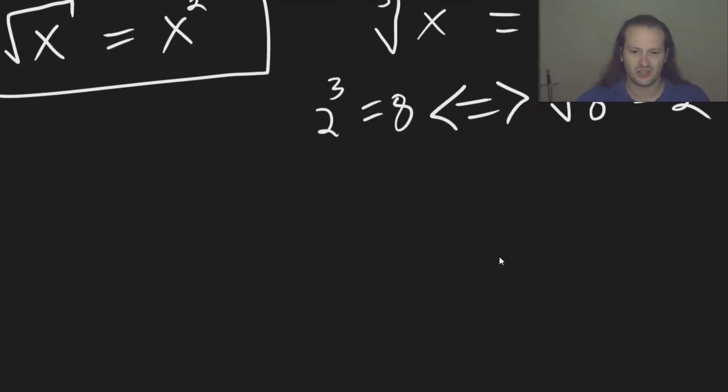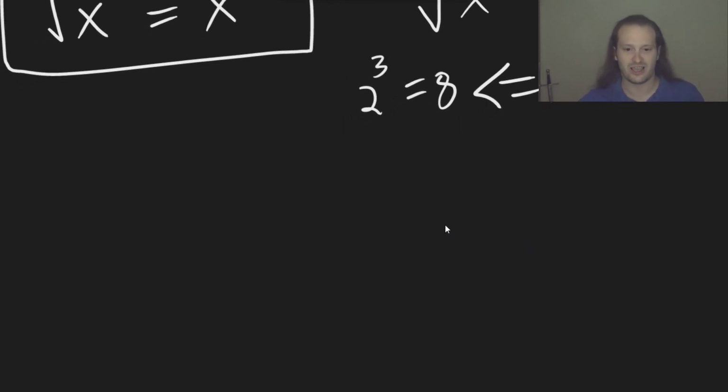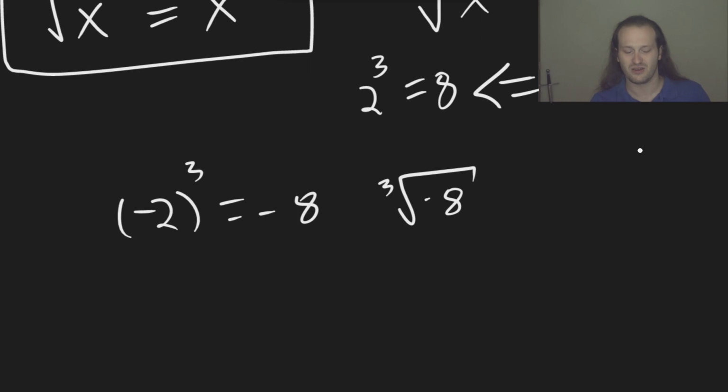That's because cube roots work differently, or odd numbered roots work differently than even numbered roots. An odd number root, you can have a negative number inside that, because -2 cubed like this is -8. So we better be able to take the cube root of -8, because that's a legitimate answer that we can get from cubing something.